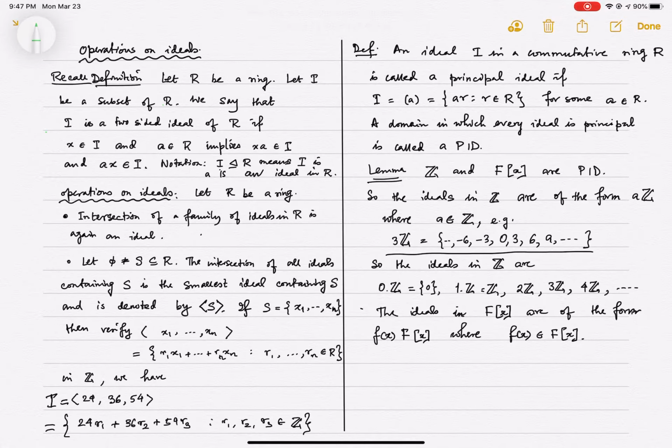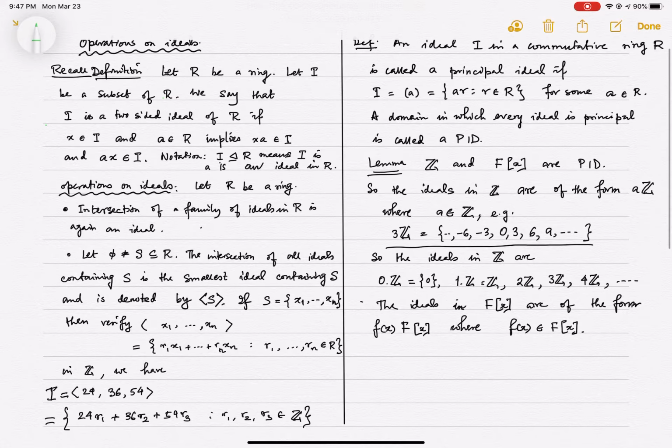You have a ring R, a subset I of R is called a two-sided ideal. That was the key definition. If x in I and a in R implies xa and ax are in I, meaning you take any element of the ideal and any element of the ring, then the product of these two things in either order is in I. There is a notion of left ideal and a right ideal where you just require this to happen on the left or on the right.